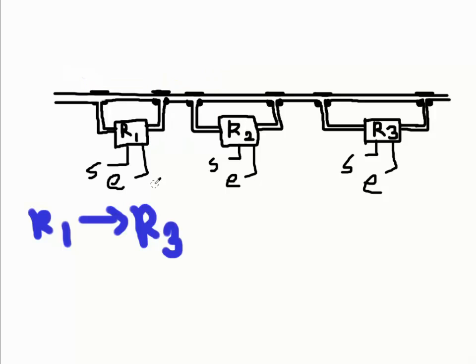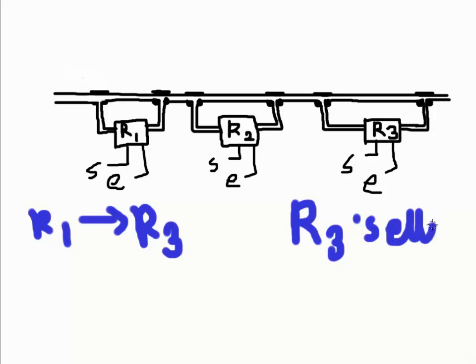And then we want to copy it to R3, so we have to turn the setter of R3 on briefly. We don't have to keep it on.